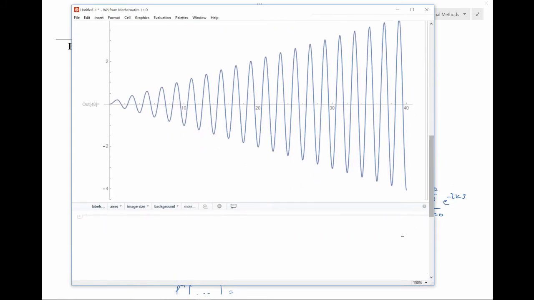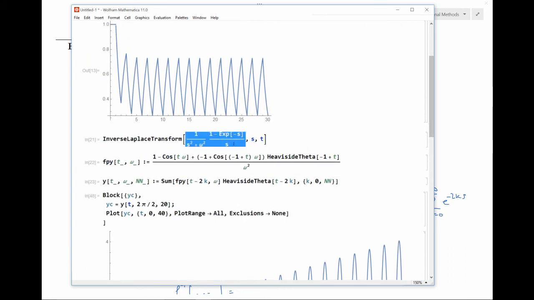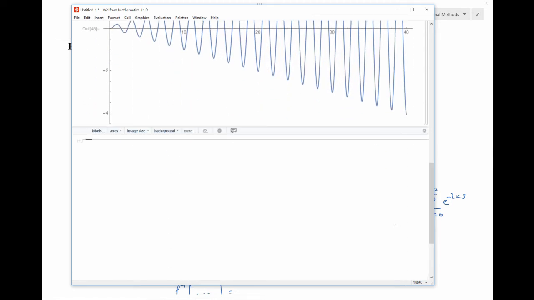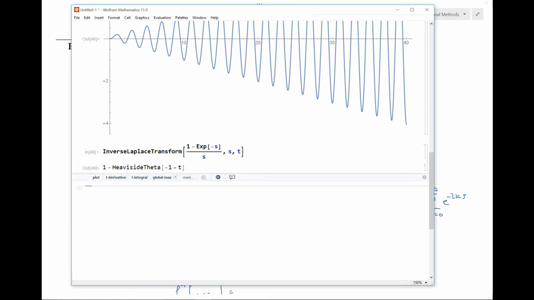Let me demonstrate. So what if I take the Laplace transform of this function? Let me plot it.